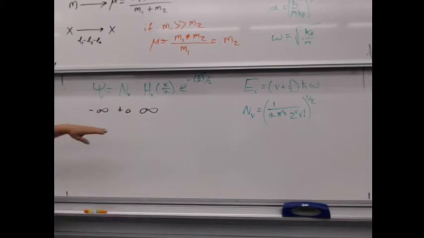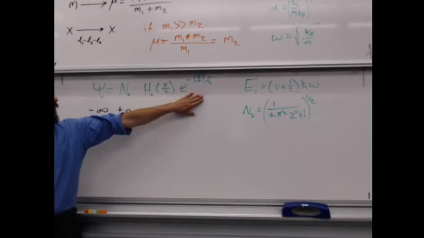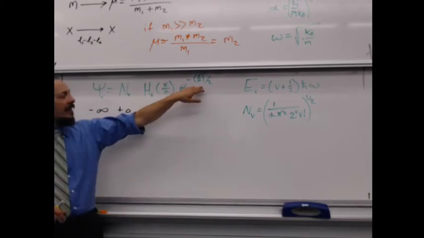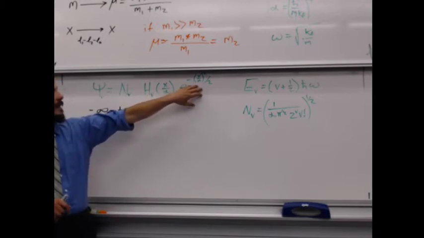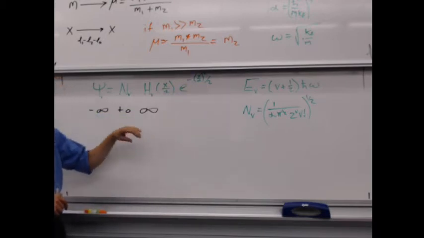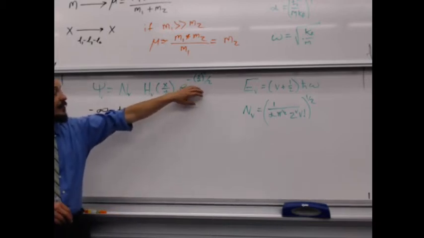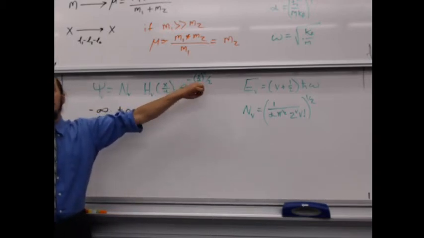This works out because we've got this Gaussian exponential here, this Gaussian function. As we go to positive infinity, we're going to have e to the negative infinity. This is going to crash out. As we go to negative infinity, that's still just going to be e to the negative infinity. This is going to crash out.